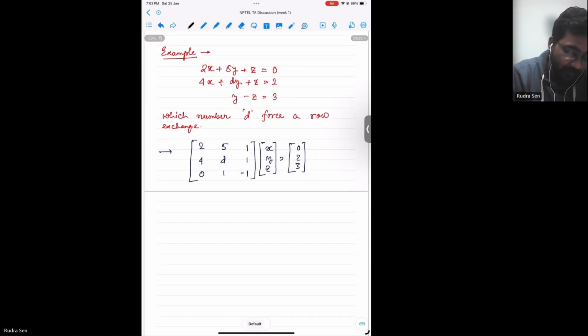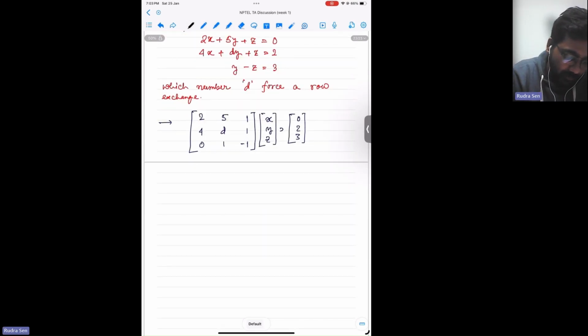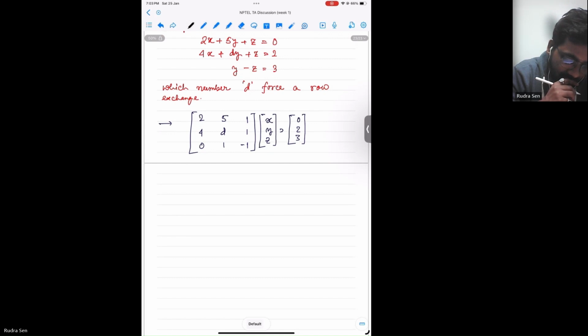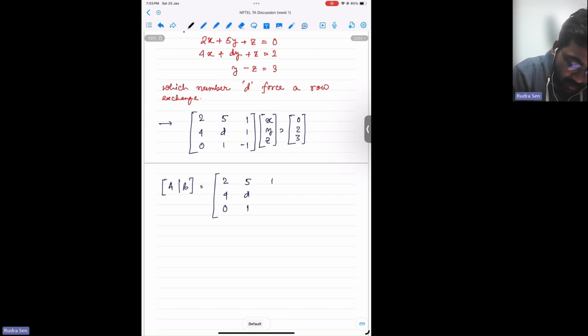Now do the augmented format. A augment b, we will get this 2, 4, 0, 5, d, 1, 1, 1, minus 1, augmented with 0, 2, 3.